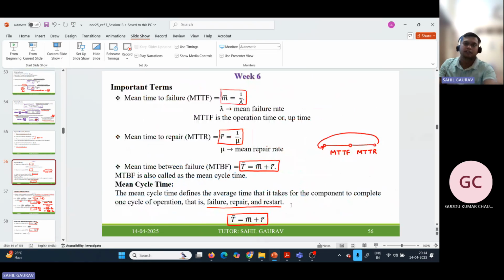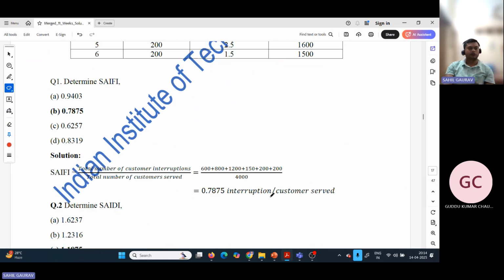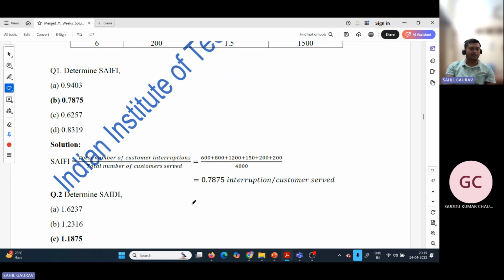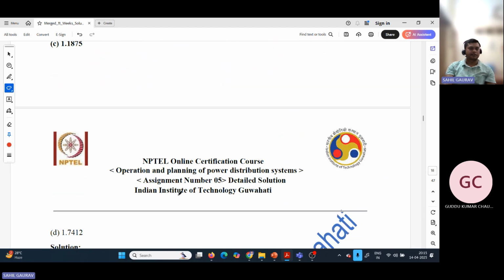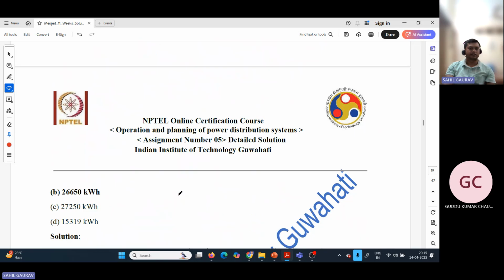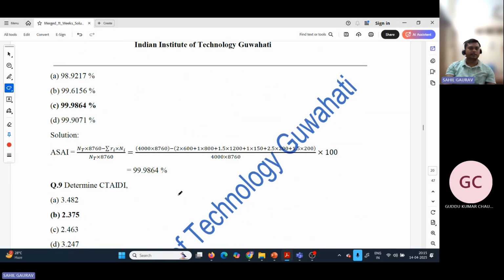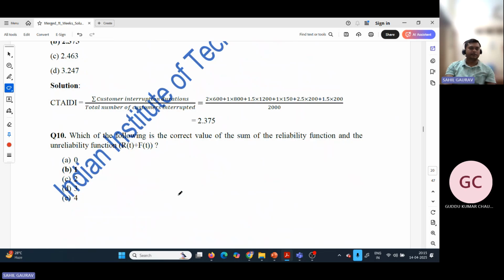So let us see the big five problems, and you can go through the big five problems yourself because they are all expression based. So you need to know the SAIFI expression, SAIDI expression, then CAIFI, CAIDI, ENS, AENS, ACCI, ASI, CTIDI.